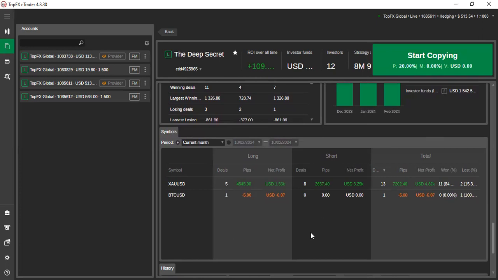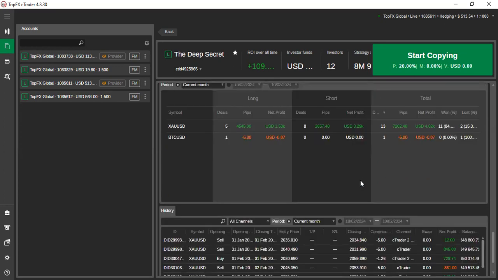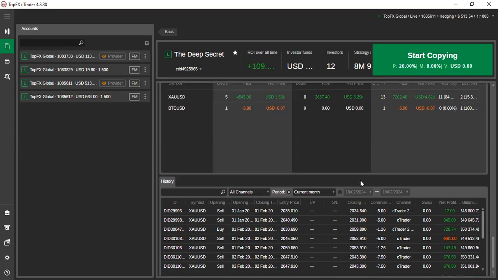Most of the trades that they've been taking, you get them. When you check the current month, we have the period. This trader has opened 5 deals on gold and 1 deal on BTC. And then we have the total pips, the net profits, and other details over here. So you can actually analyze these traders' activities before you decide to copy them or not.